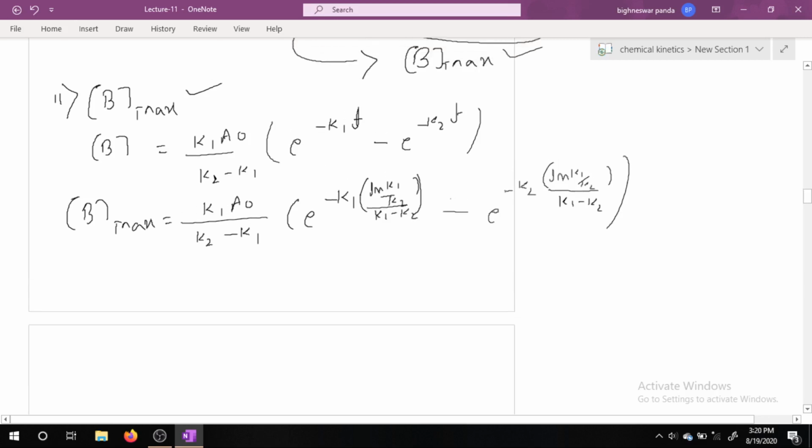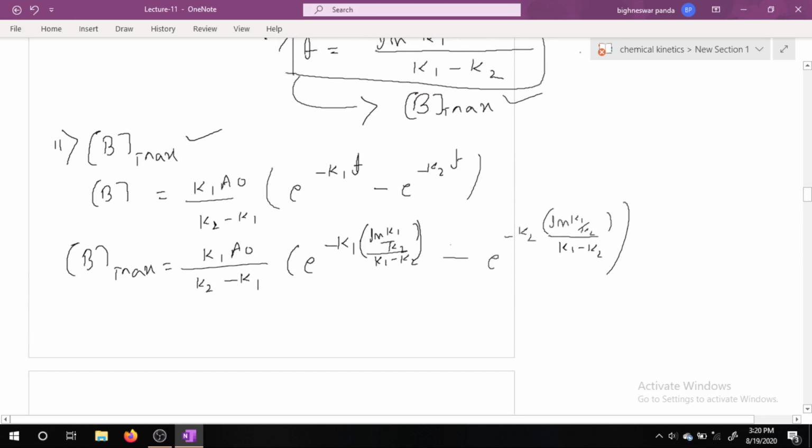And in this expression, we have e to the power a ln x, which is equal to e to the power ln x to the power a, with e and ln cancelling, right?